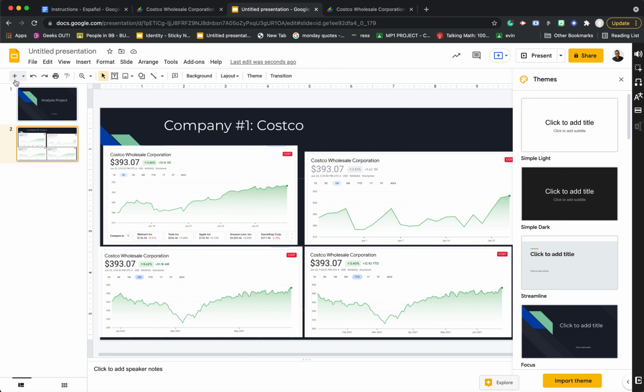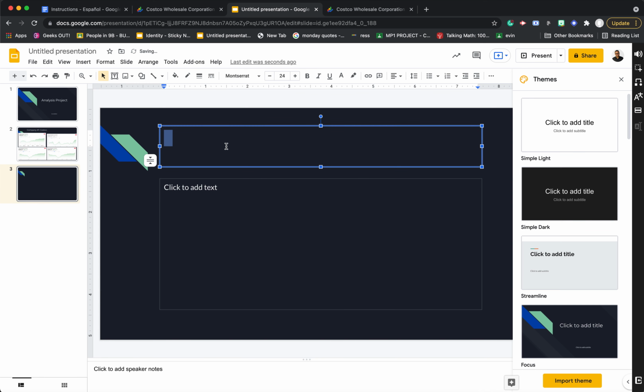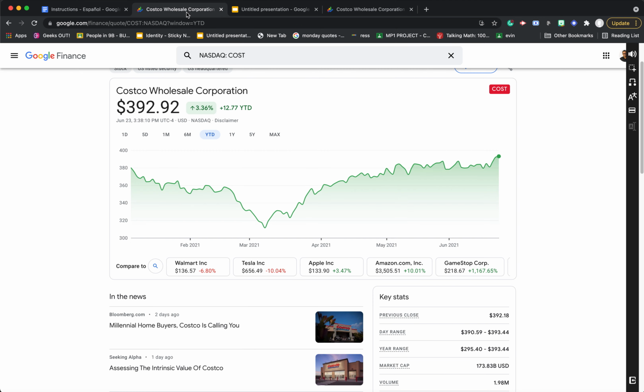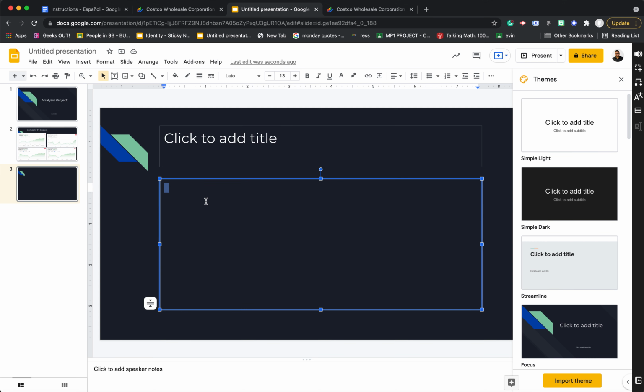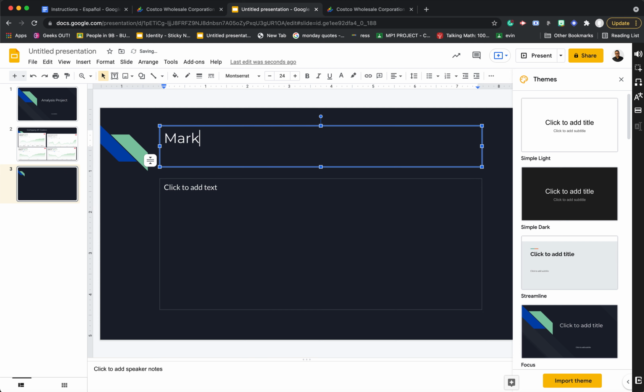Okay, on the second slide, you're going to input all of these: the year range, the market capitalization, dividends, annual revenue, and everything here. I'm going to put them in the slide so we can see it. We call this market research for Costco.